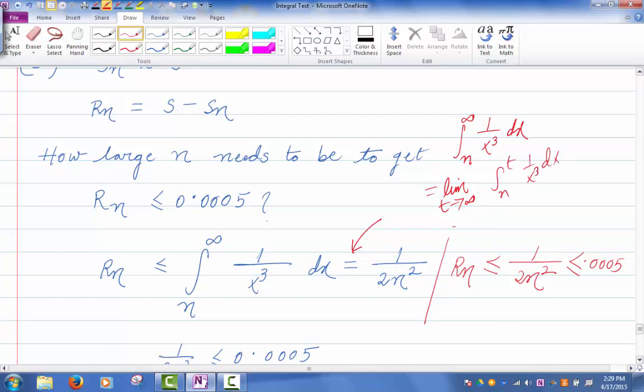And notice, what is this integral then? The antiderivative would be negative 1 over x squared, right? No, it is x to the negative 3, so negative 3 plus 1 over negative 3 plus 1, which is negative 2 as well. So this would be a 2x squared here.